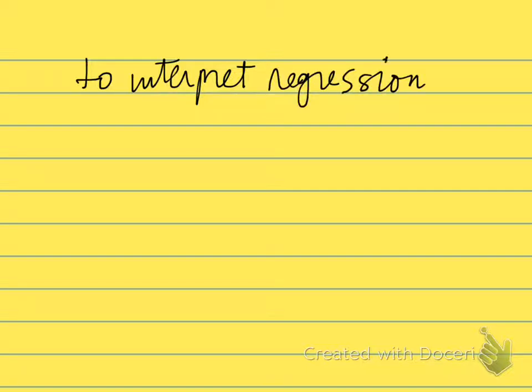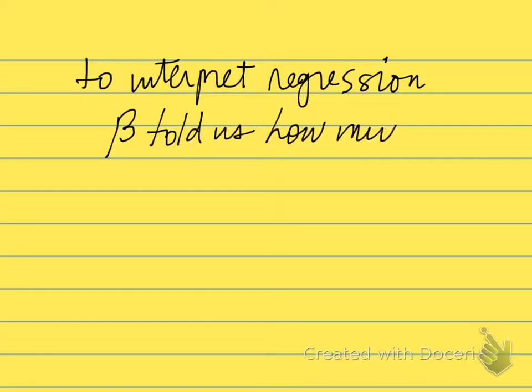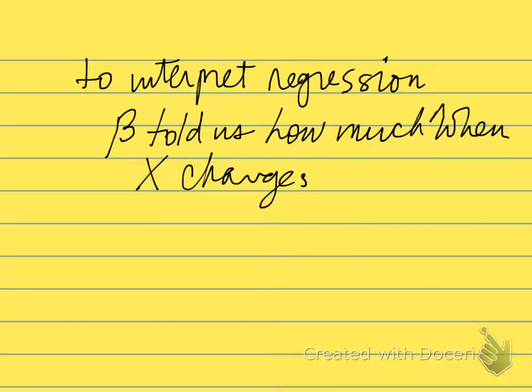To interpret our regression coefficient, we now have a problem, because before the beta told us how much y changes when x changes, and that was equal to the slope.